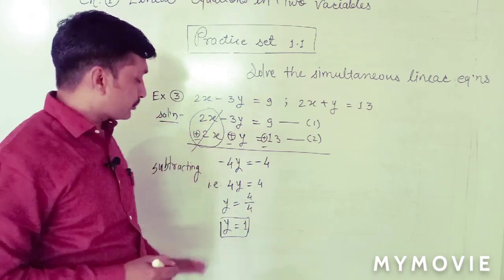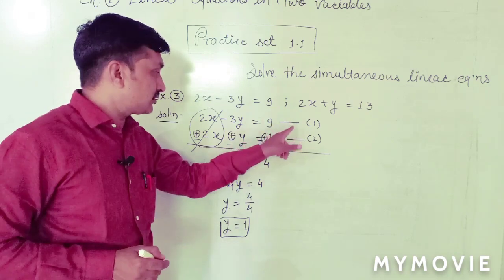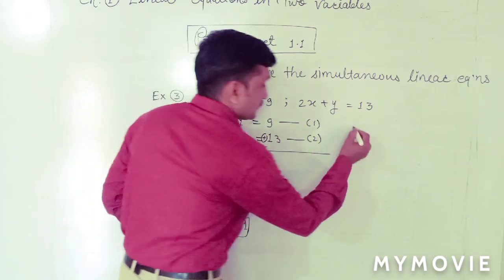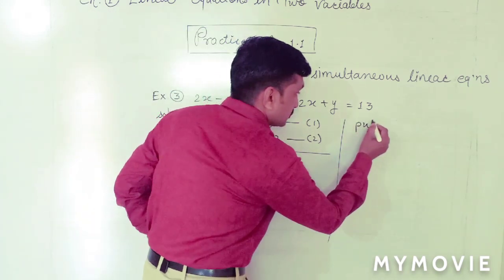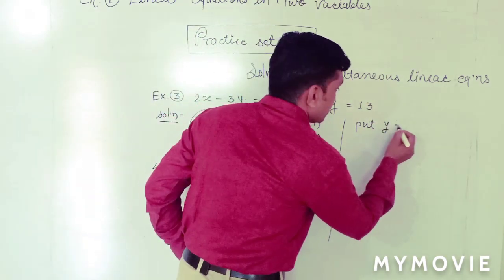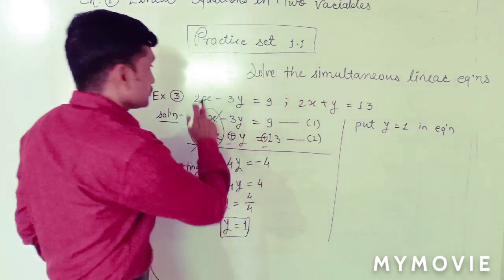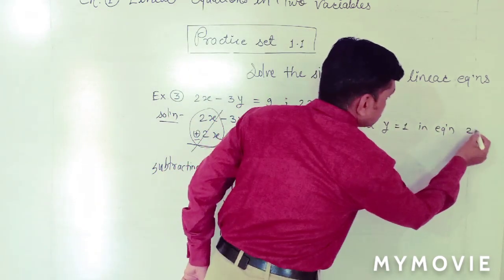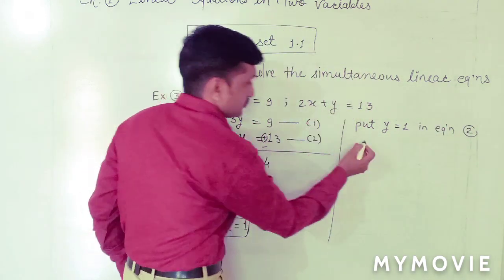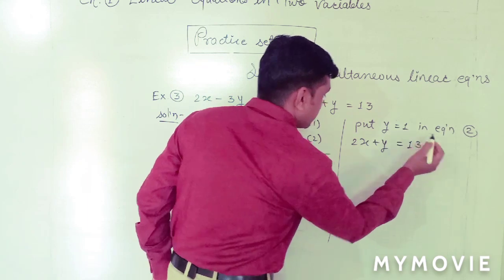Now to find the value of x, place this value in equation 1 or 2. Put, place or substitute y is equal to 1 in equation 2. The second equation, 2x plus y is equal to 13.